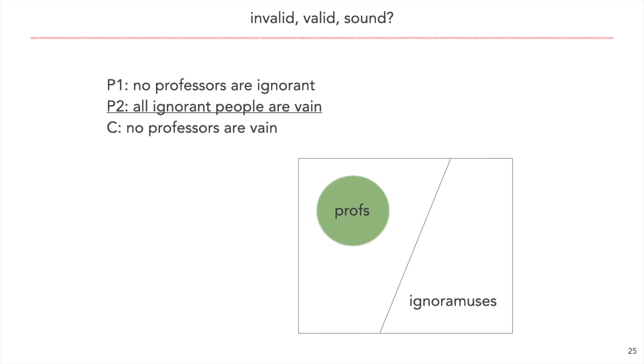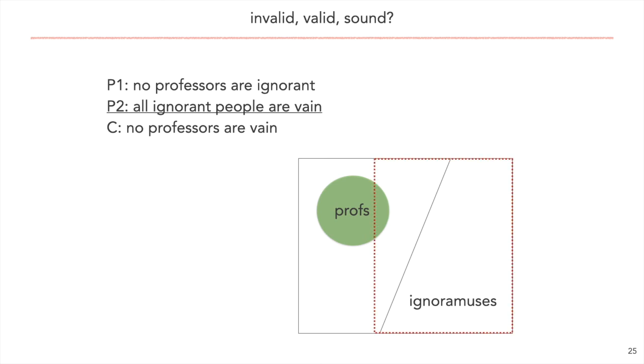Now, can we fill in the diagram to make the second premise true, that is, to make it true that all ignorant people are vain, and yet make the conclusion false? If we can, then there's a situation in which no professors are ignorant, all ignorant people are vain, and yet it's not true that no professors are vain. Some professors are vain. And we can.